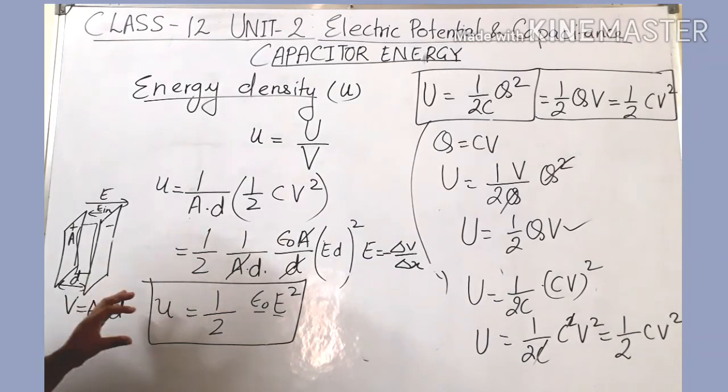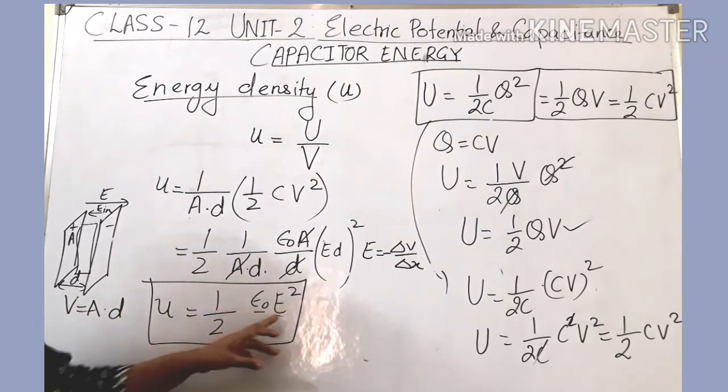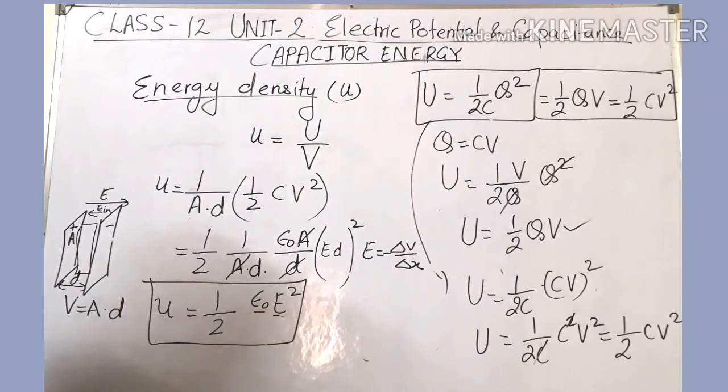This is the energy density, a characteristic property of electrical energy. One term is constant, and the other depends on the applied value of the electric field. That is why we consider the energy density term. It is much more useful in electromagnetic waves, so this topic is very important.